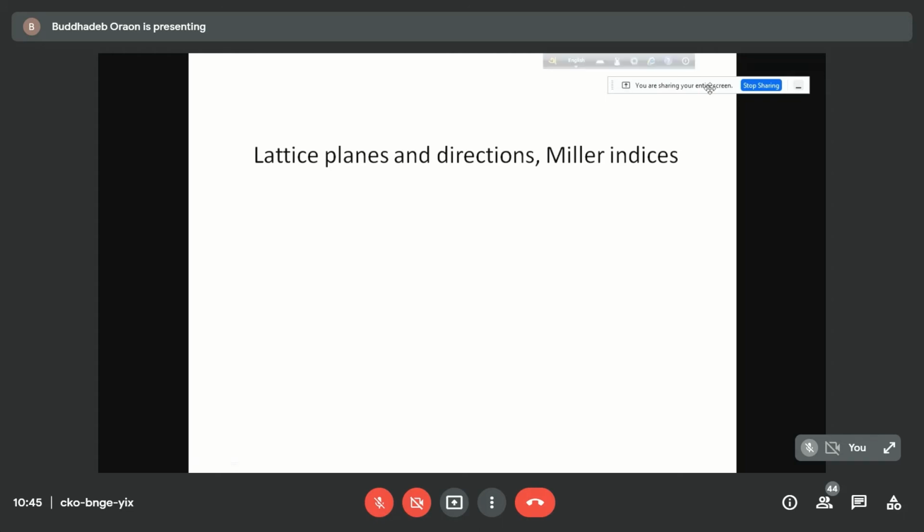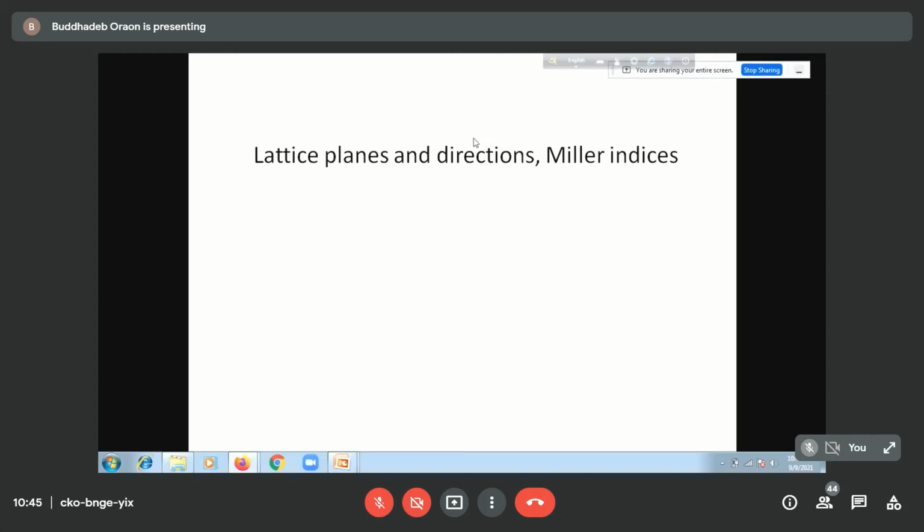I know the chemistry syllabus of class 11, so this is not covered there. Lattice planes and directions, Miller indices.